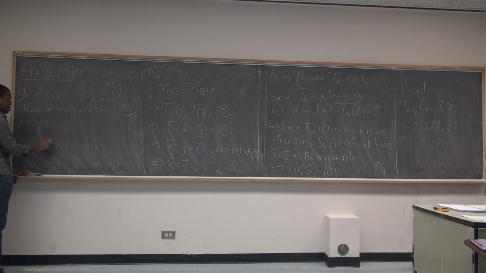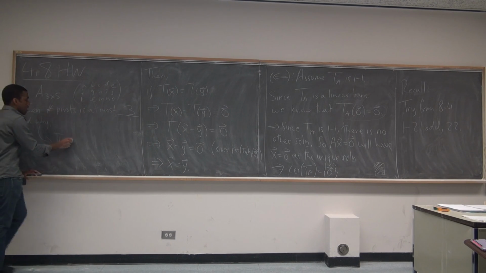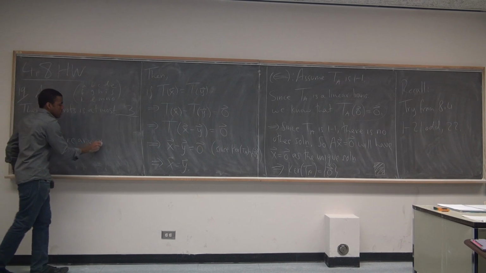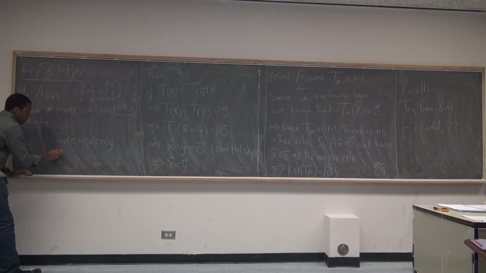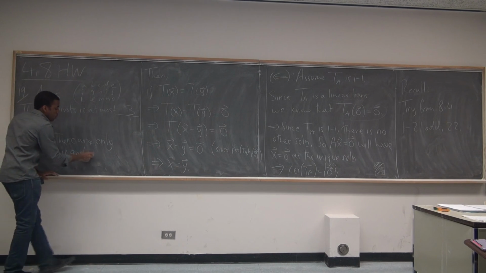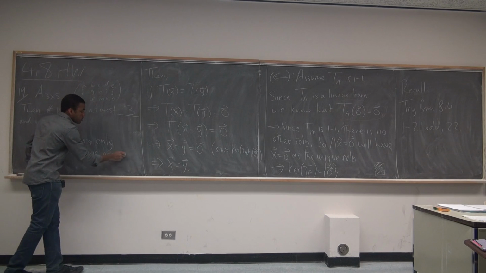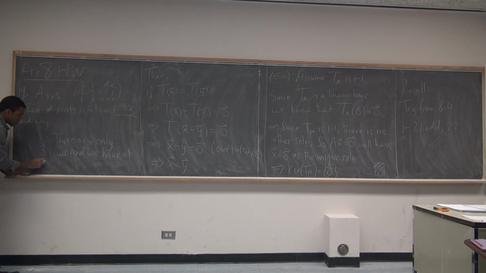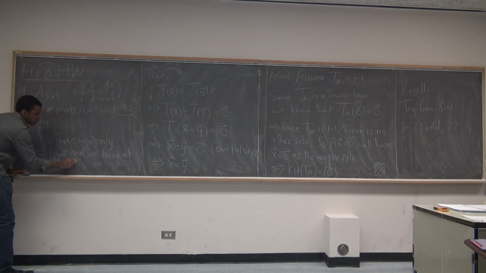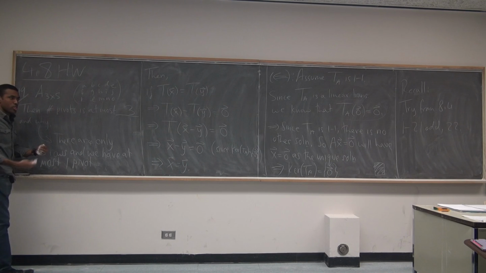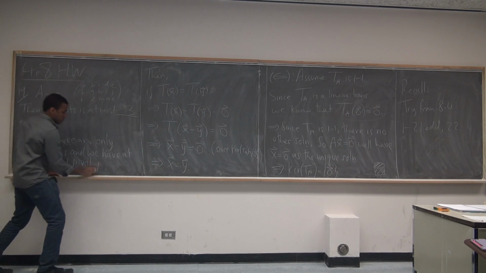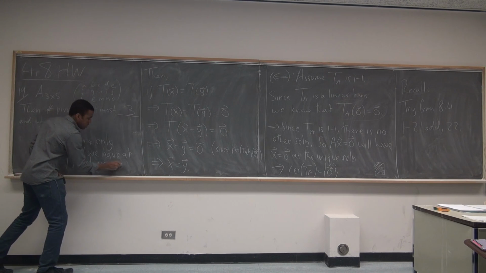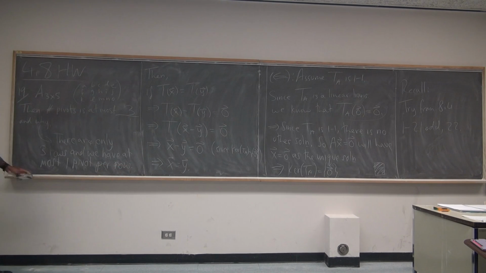Because there are only 3 rows, and there's at most 1 pivot per row. Remember, a pivot is the first non-zero number. If you already have a first non-zero number, no one else can be the first non-zero number. A row can only have 1 first non-zero number.